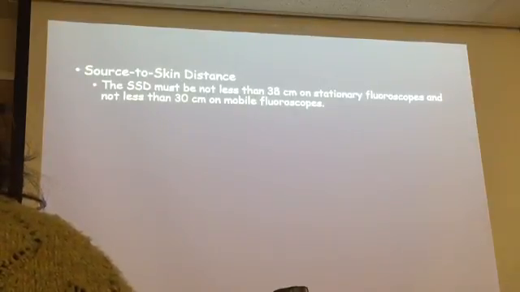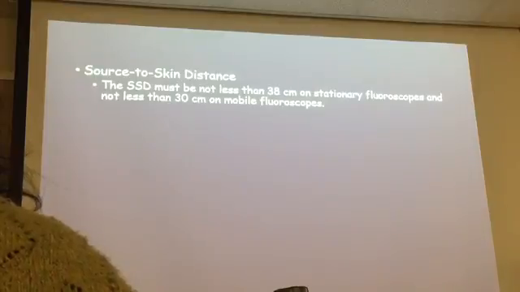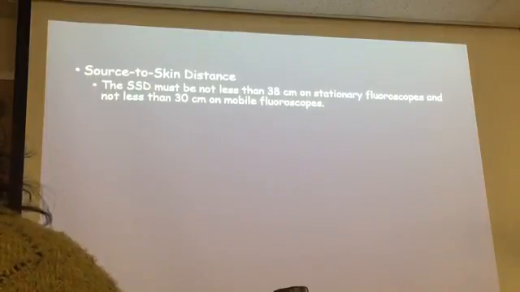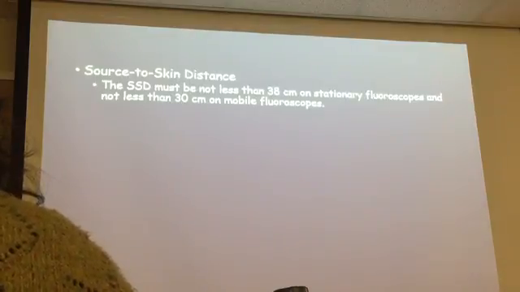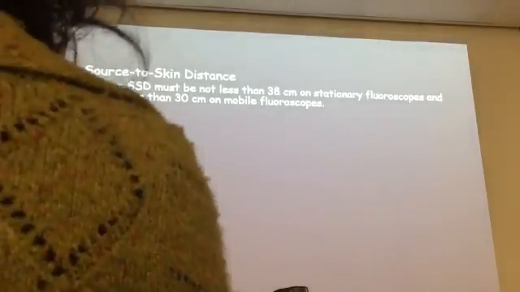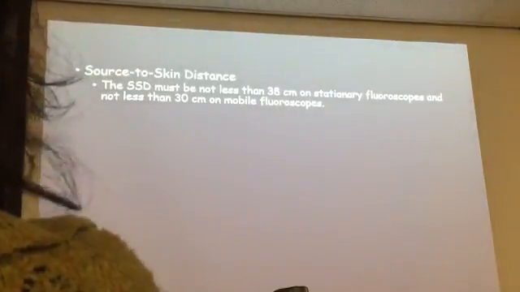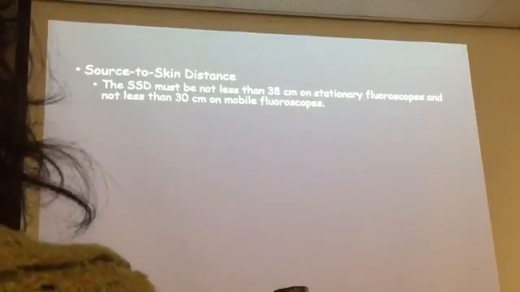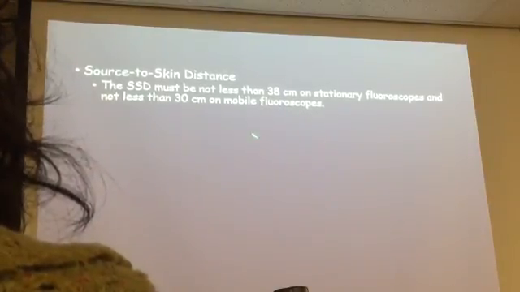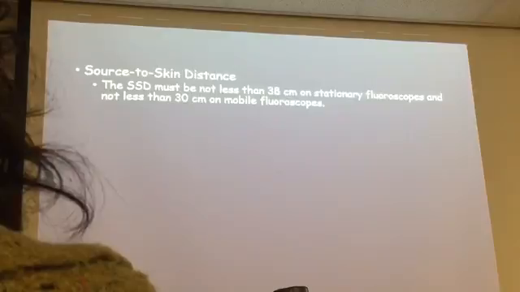The manufacturers make sure of this on the permanent units, because you cannot see it, so they have stoppers that won't allow the X-ray tube to get any closer. So 38 centimeters is what you want on a stationary fluoroscope.